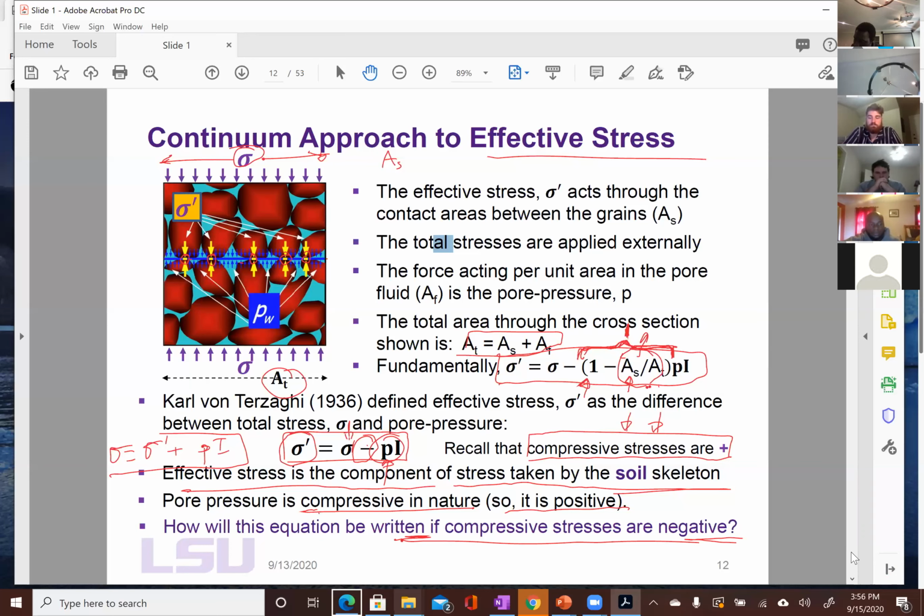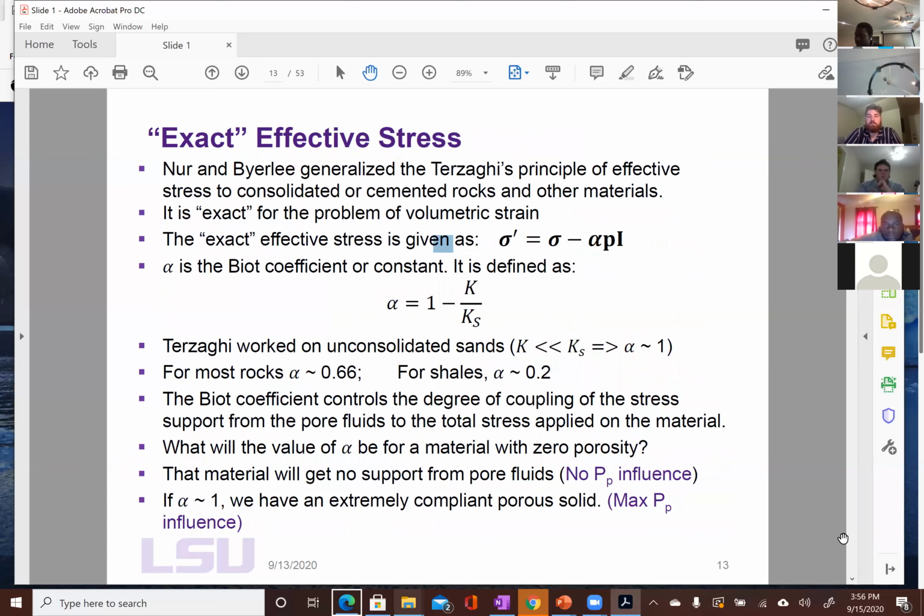Yeah, this will become positive if you were to do the same calculation in the engineering unit, and you will see that shortly. So that was simple effective stress. The scaling factor was 1, right? Simple effective stress is total stress minus pore pressure times identity matrix to convert it into a tensor. That's simple effective stress. And it works for weak and unconsolidated formations.